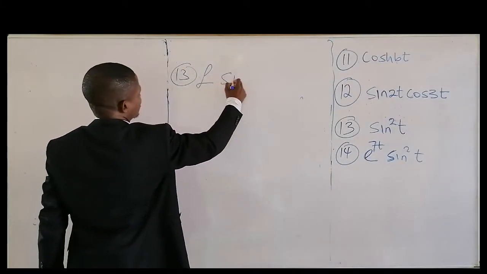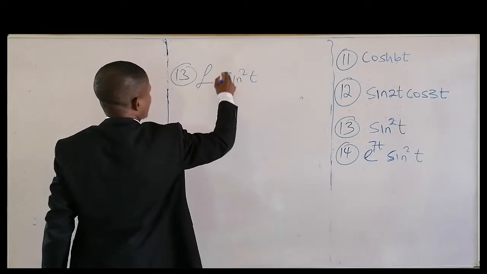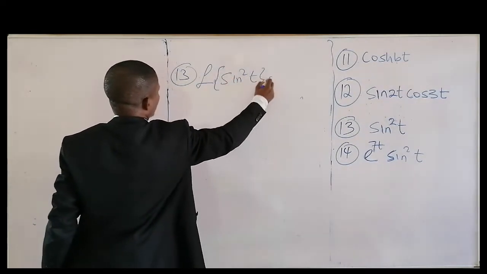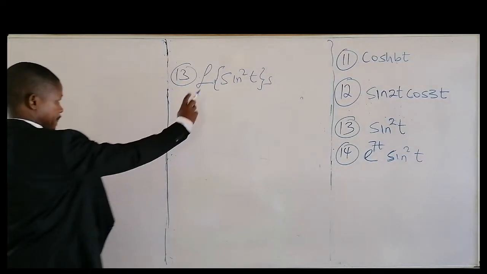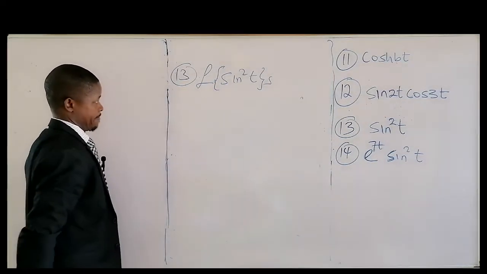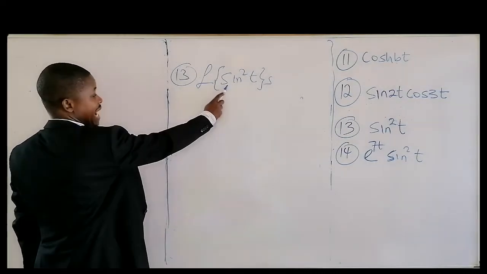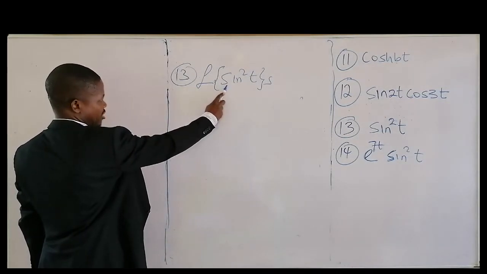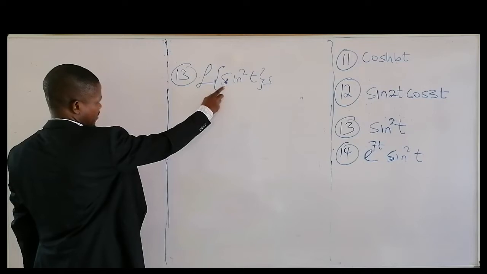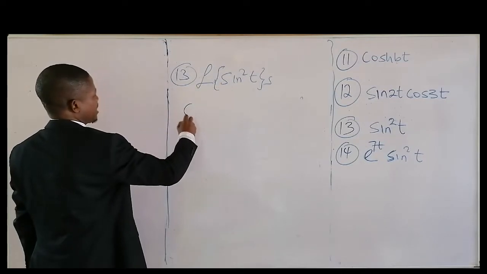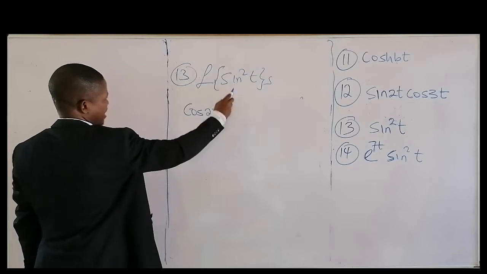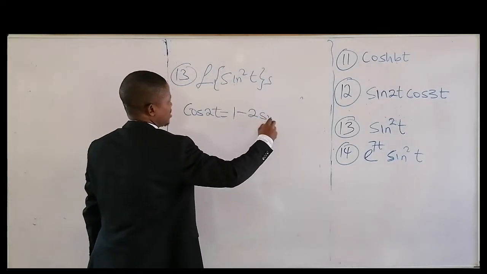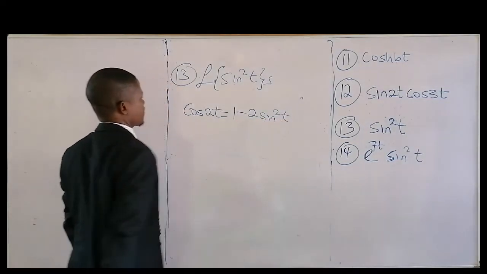Laplace of this. Before we can get the Laplace, we need to deal with the trig function here and make it a double angle, because there is no direct table for this. So we can start from here, cos 2t in the form of sine: 1 minus 2 sine squared t.